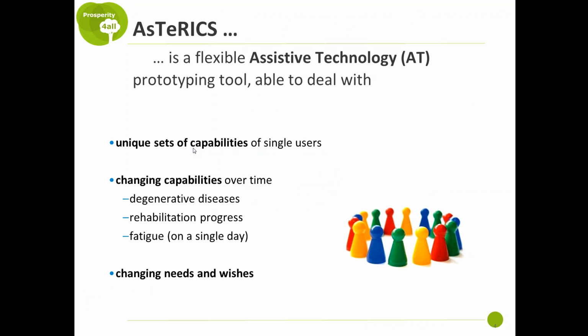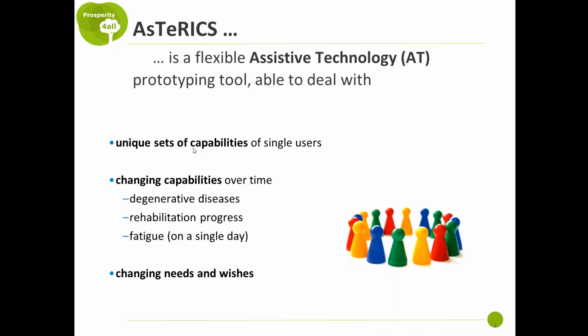What is AsTeRICS? AsTeRICS is a flexible assistive technology prototyping tool, and it is able to deal with special requirements in the field of assistive technology, which means it can deal with unique sets of capabilities of single users, and also with changing capabilities over time. For example, if a user has a degenerative disease or a progress due to rehabilitation, or has changing capabilities due to fatigue.